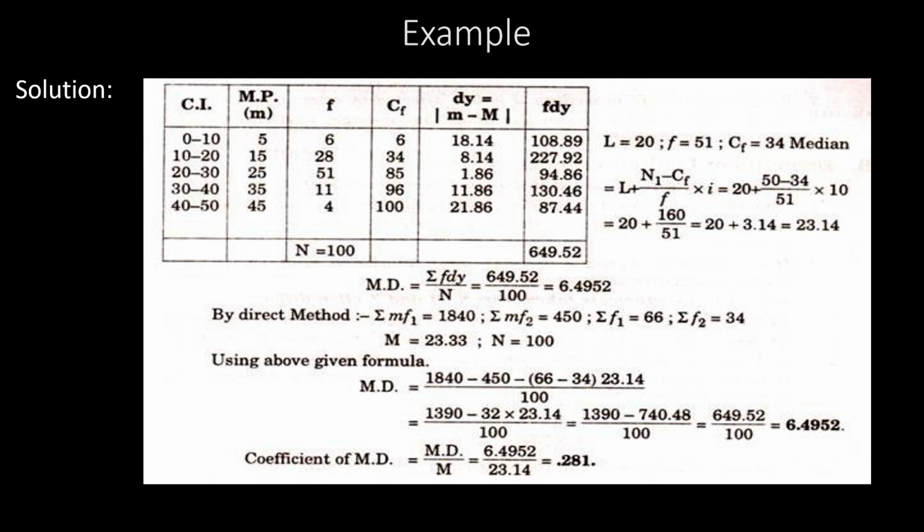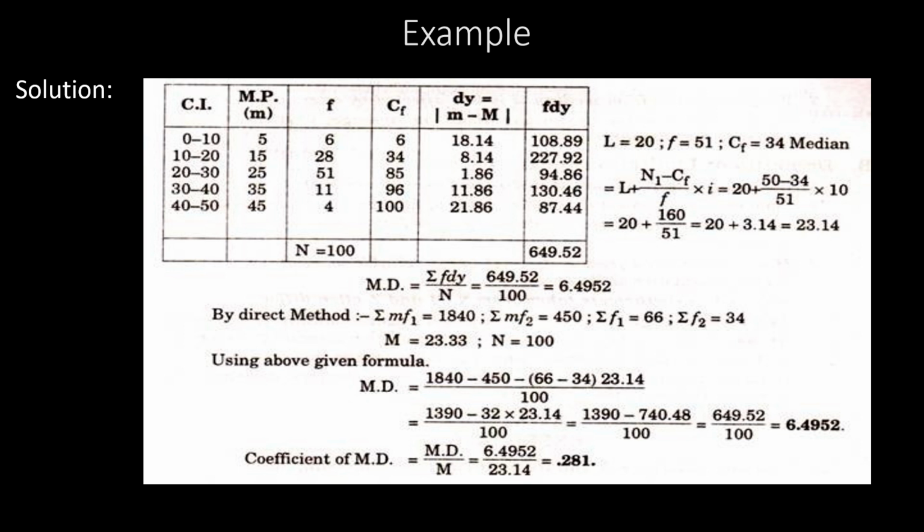Here the class width is 10, so i is equal to 10. To get the L, CF and f values, first we have to find the n/2 value. Here n is 100, as n is the total of the frequencies. So 100 divided by 2 gives 50.